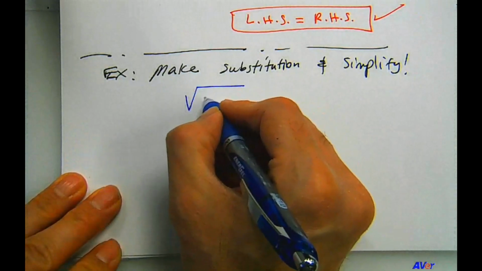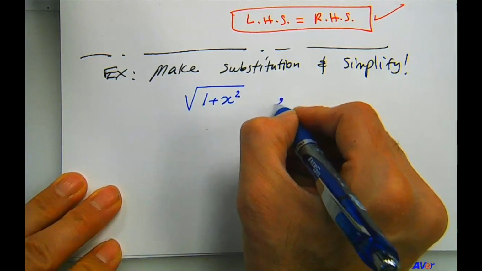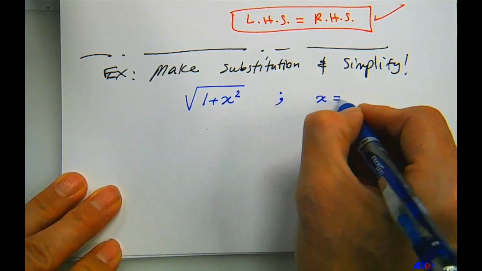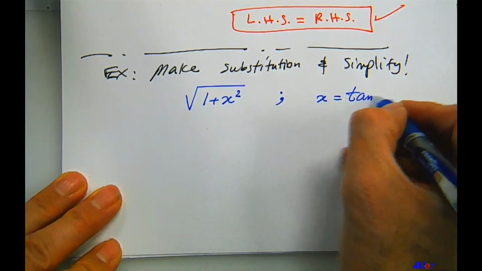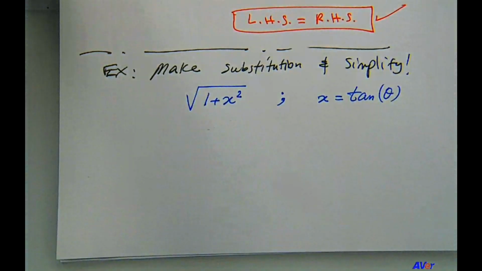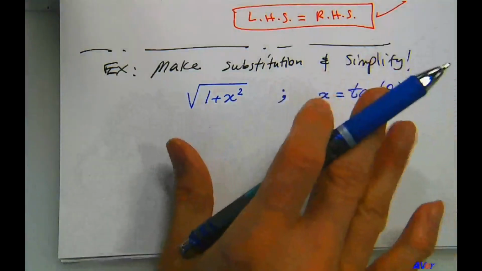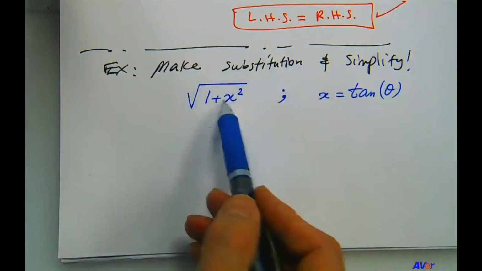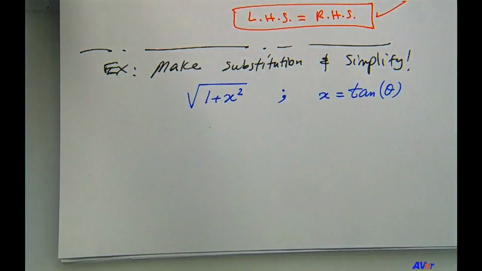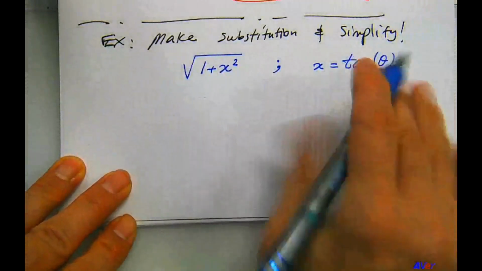So this is the problem we have. Square root of 1 plus x squared, and x is set equal to tangent of theta, right? Well, these are the given parameters to us. So we're asked to make the substitution and simplify. Let's do that. And I'll just use the blue ink here.